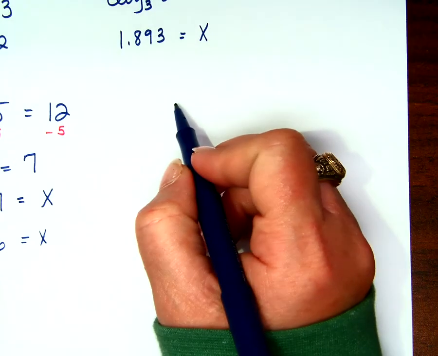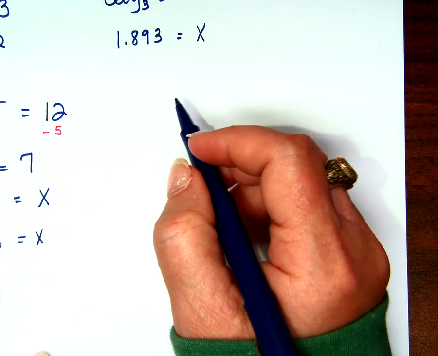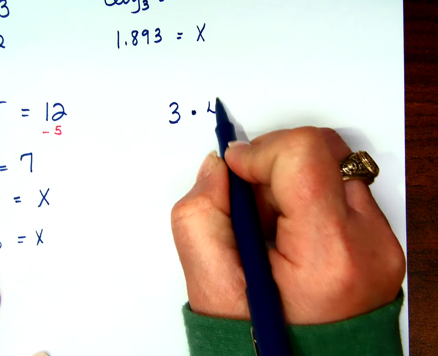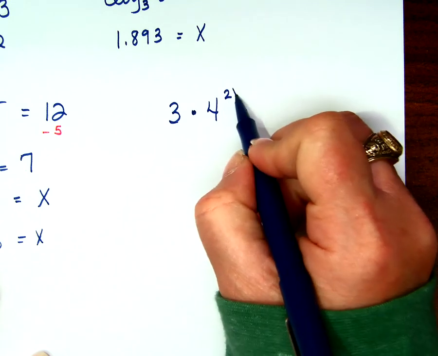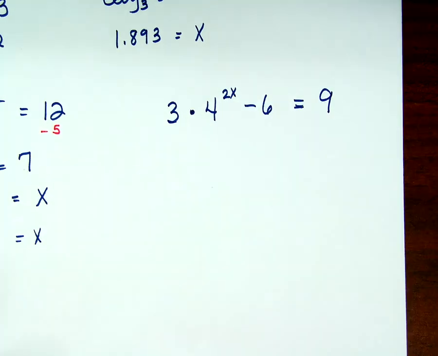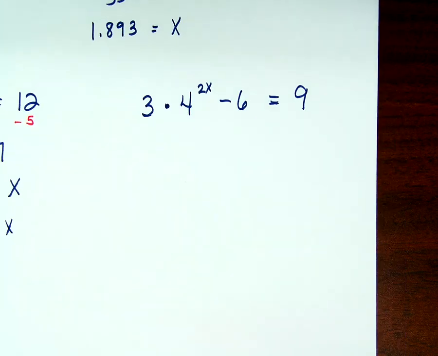All right. Let's see if you can handle this one. There's like 3 ways I'm trying to trick you in this one problem. What should we do first? Plus 6.